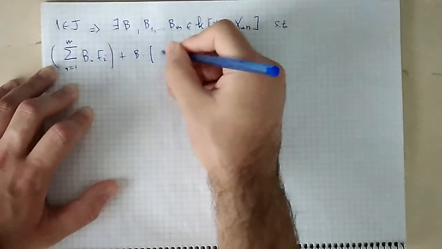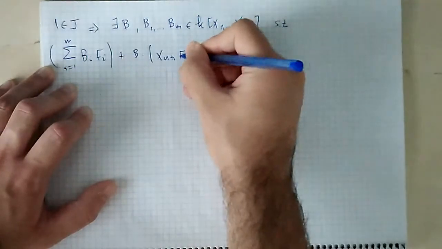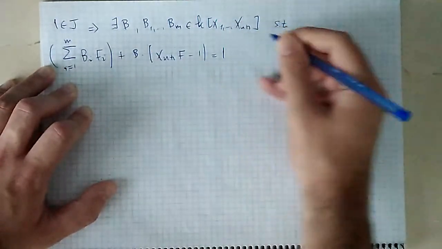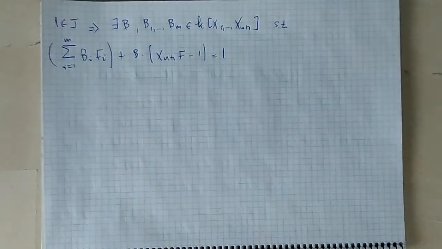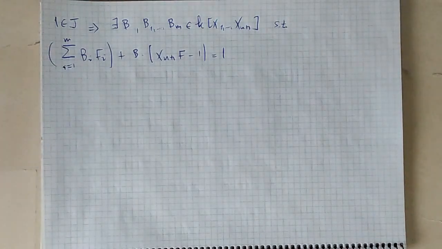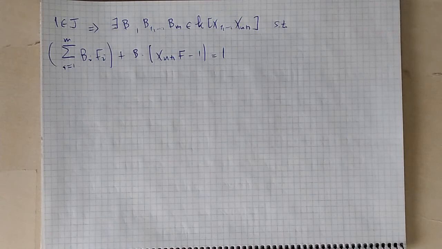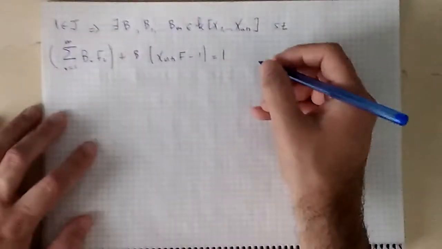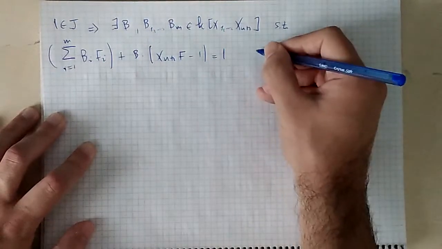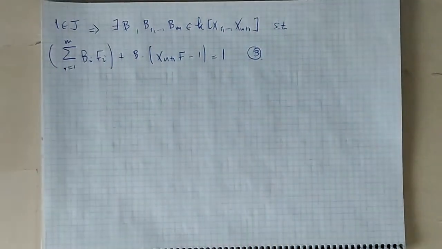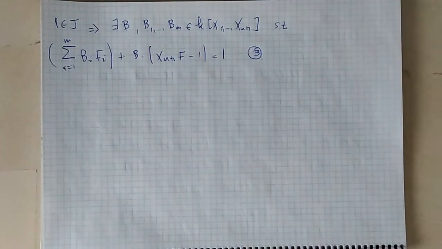b times this last polynomial over here. Let's call this relation 3, even though I should have called it relation 2, but anyway.